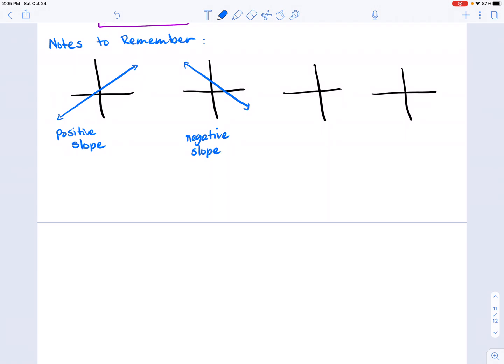If I have a horizontal line, I have 0 slope. And of course, if I have a vertical line anywhere, then I have undefined slope. Undefined, if I can spell today. Undefined, that's why I'm not in English and I'm a mathematician. Undefined slope.